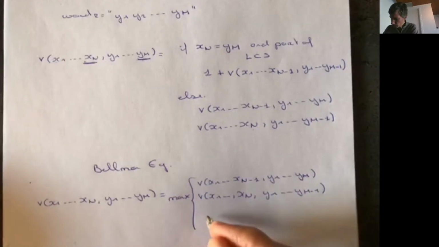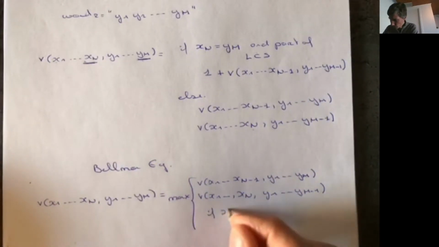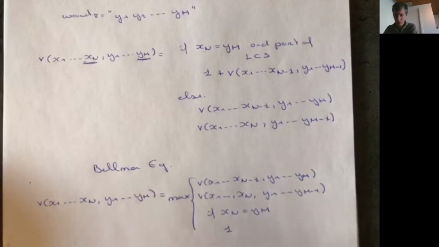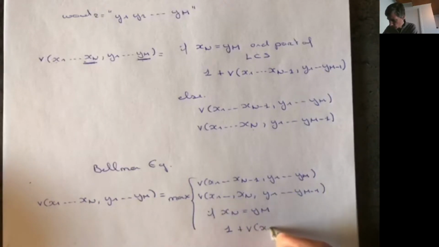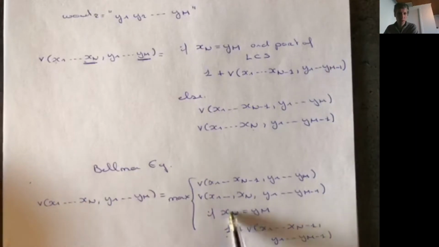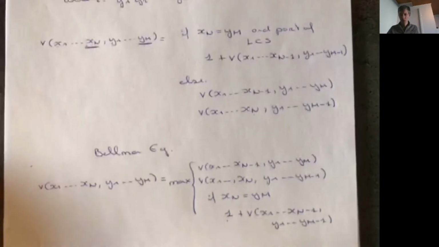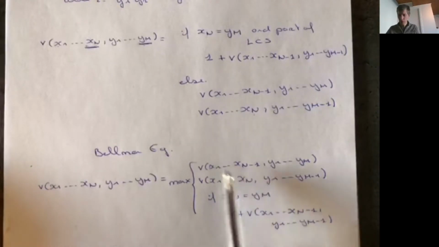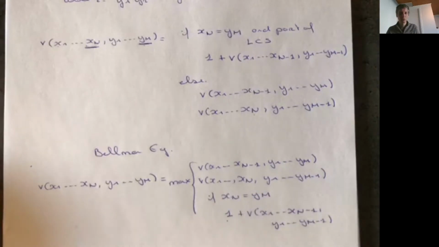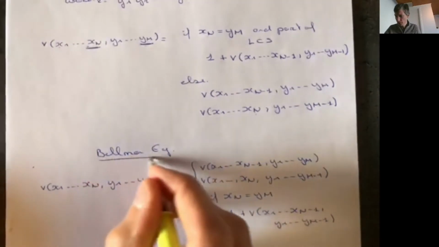Or it's possible that the last two letters are the same, and then I also have to consider 1 plus v of x1 until xn minus 1 and y1 until ym minus 1, plus 1 because the last letters are the same. So this is my Bellman equation. Either we have this case, or if the last letters are the same, I also have to consider this case as possibly being bigger than these two.